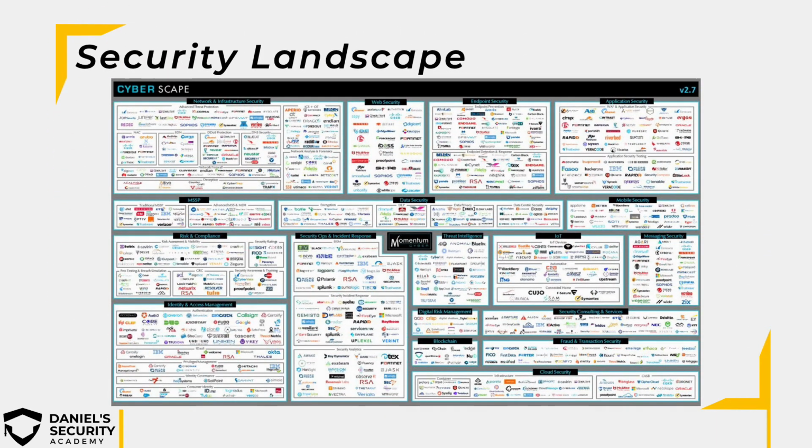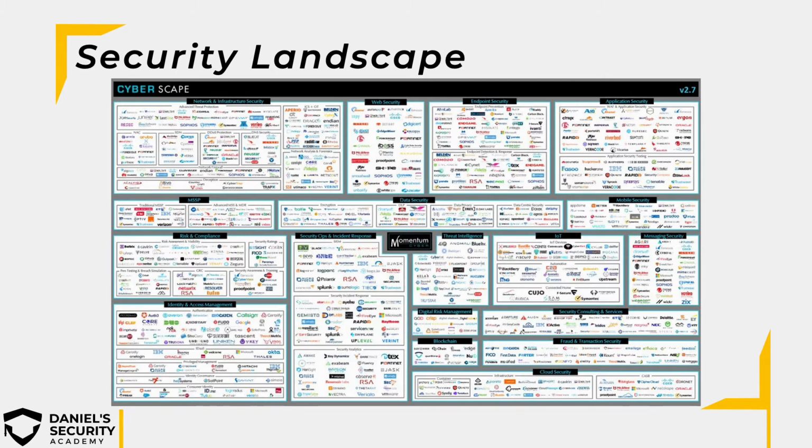So I told you the protection against malware is difficult because of the huge amount of technology, but also the huge amount of vendors. So this is a cyberscape landscape of the security vendors. I believe this is a version of 2020, maybe even 2019.